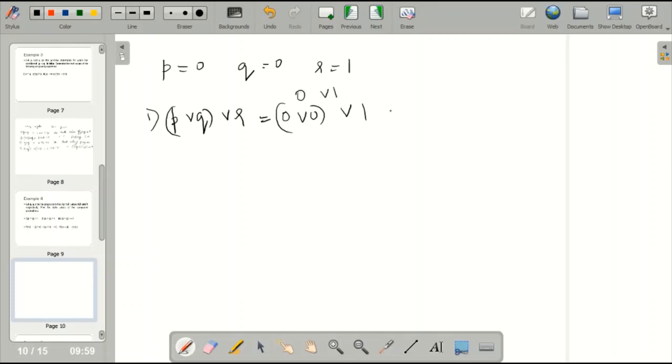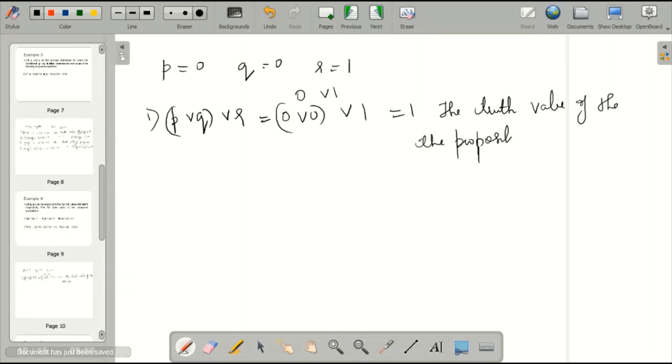This or 1. So this will be 1. Then you need to write the truth value same way how you wrote in the previous example. The truth value of the proposition is 1. So this is regarding the first one.